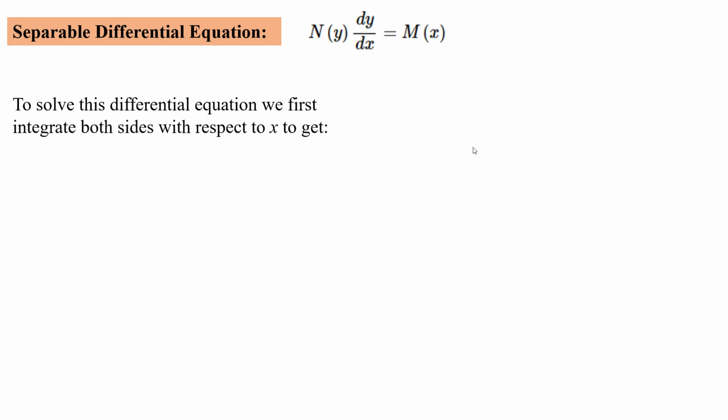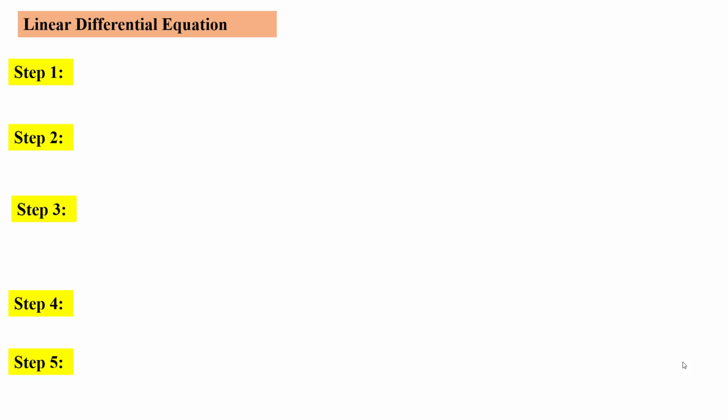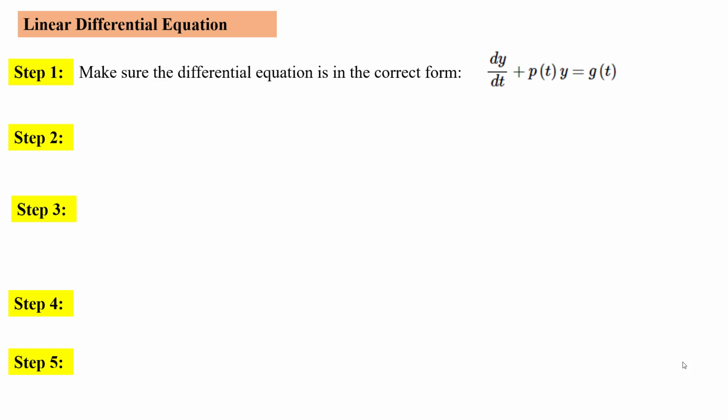We also talked about separable differential equations, which can appear in a lot of different ways, but the idea is you can separate the y terms from the x terms. The linear differential equation appears in this form: the derivative of y with respect to t plus a function of t times y equals a function of t.